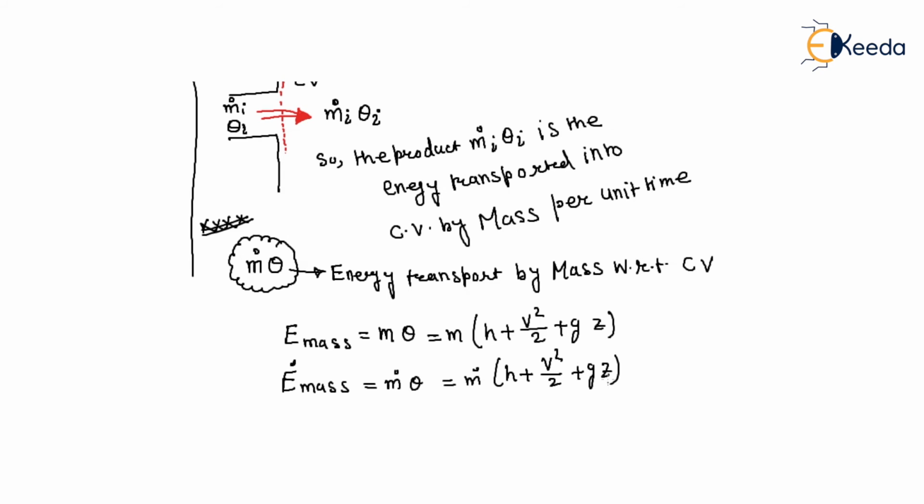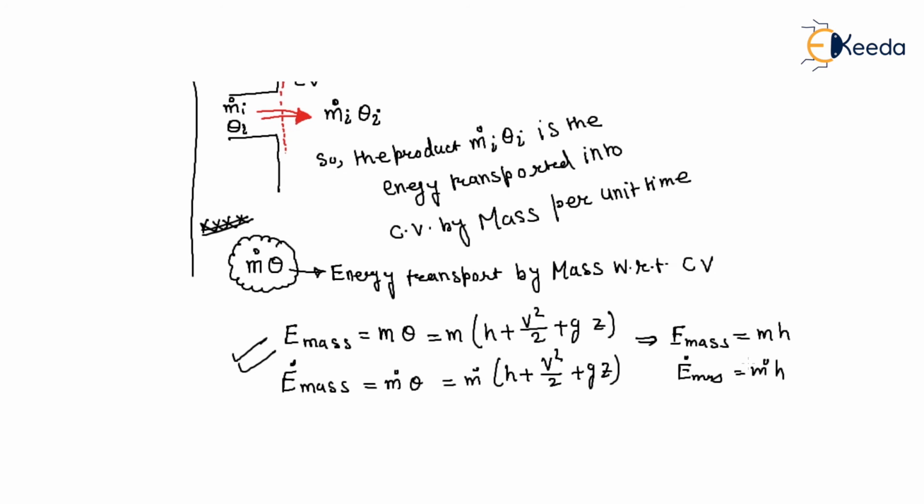This is the energy transport, right? When the kinetic and potential energy of the fluid stream are neglected, as is generally done, the energy associated with the mass is mh, or on a rate basis, m dot h.